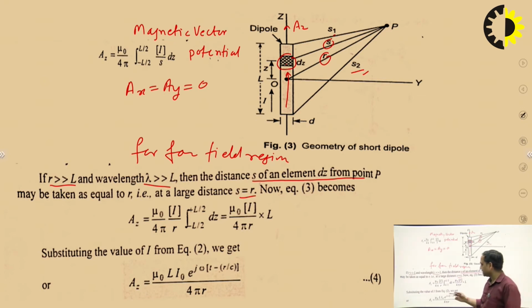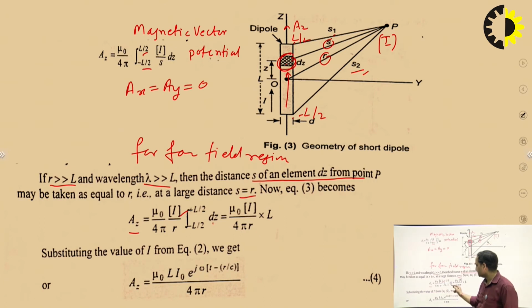So in this case, the equation AZ will become mu naught upon 4 pi integral of I, because I is a retarded current, and dz is varying from minus L by 2 to L by 2. There is no point to consider the variation of the current I here, so this retarded current I goes out from the integration.